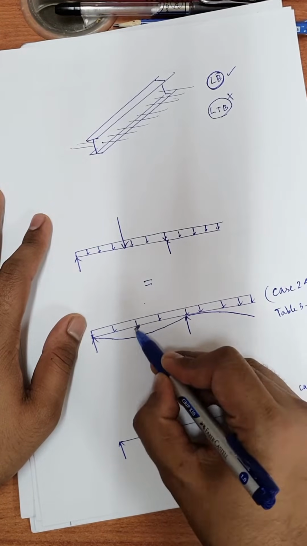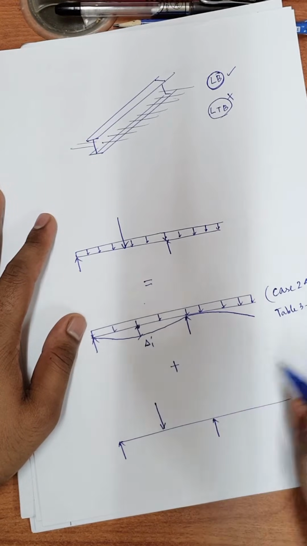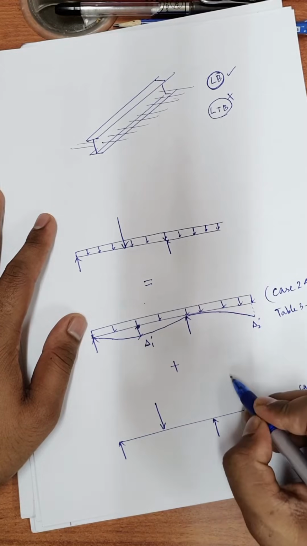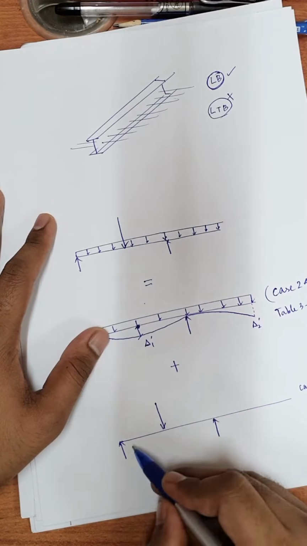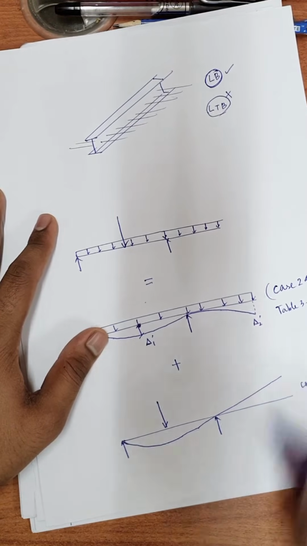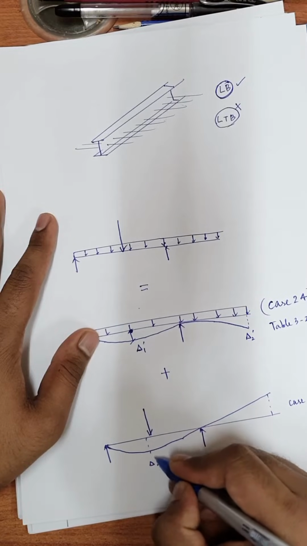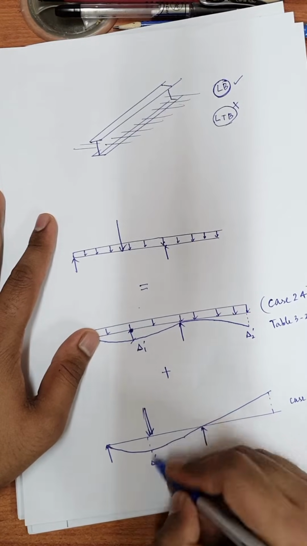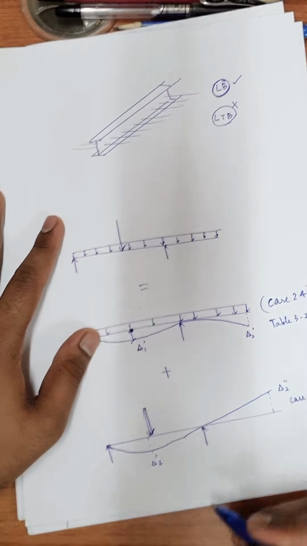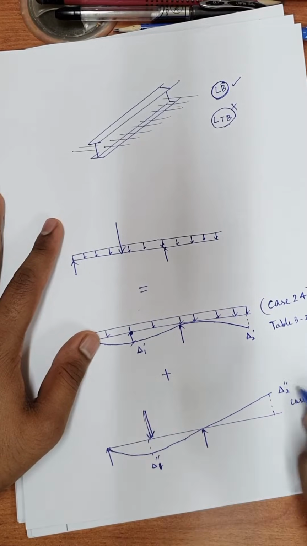So we have one deflection over here. Let's say that this deflection is delta 1 dash and this deflection is delta 2 dash. And for this again we expect this to bend like this and then go like this. So we have one deflection here as delta 2 dash right below the concentrated load, and you have another deflection, delta 1 double dash and delta 2 double dash.